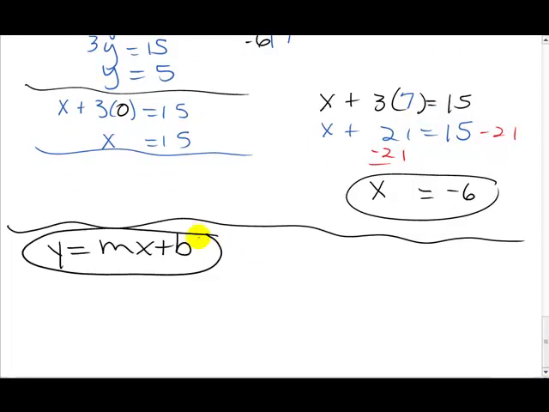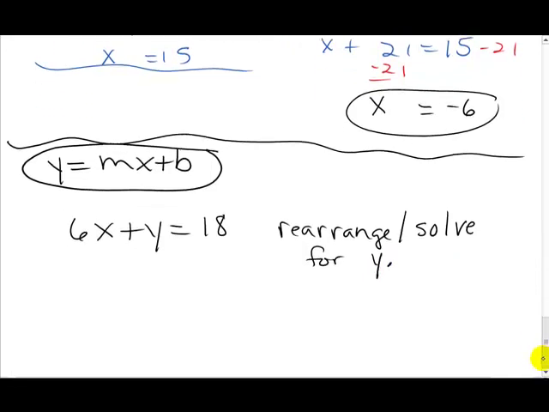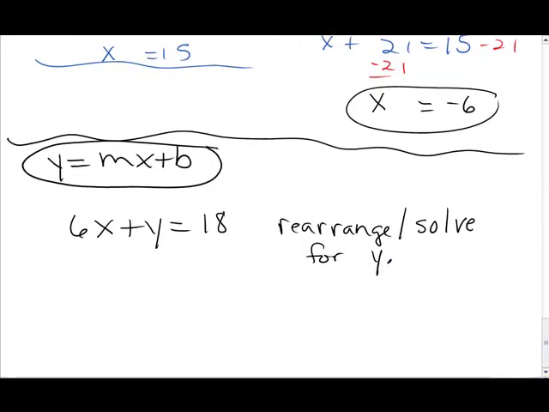And so we saw this also on our test where we had perhaps something like this, and then the directions said rearrange or solve for y. And in that case, we want to get the y alone, so we'll do the opposite of what's here.